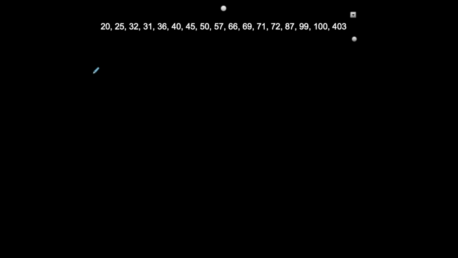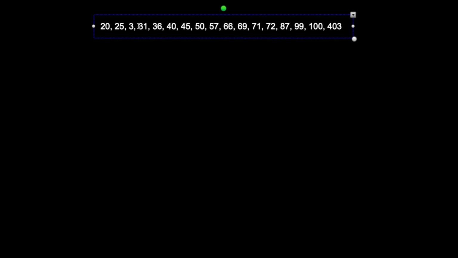So I have a set of data, and it's already ordered for me. If it were not ordered from least to greatest, I would have to order it. Almost ordered. Let me switch these two: 31 and then 32. Let's double check that that's ordered now.